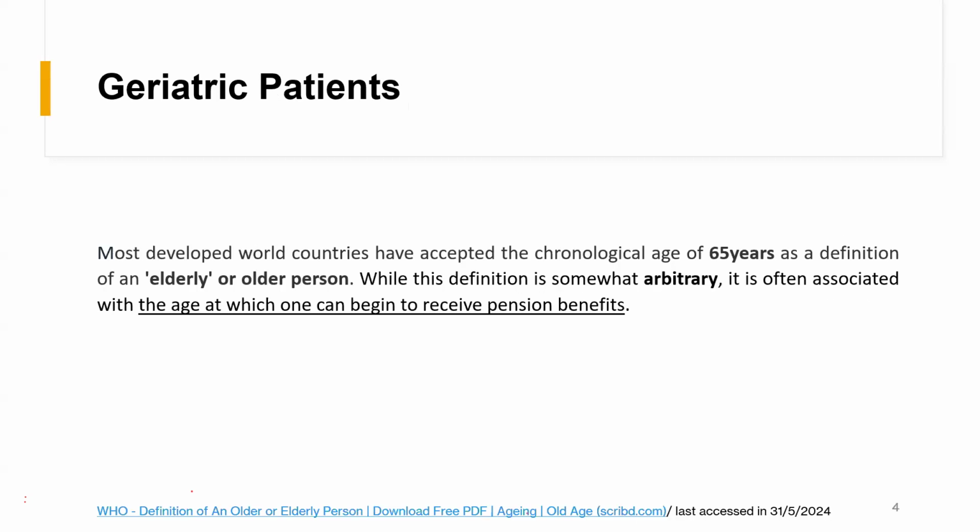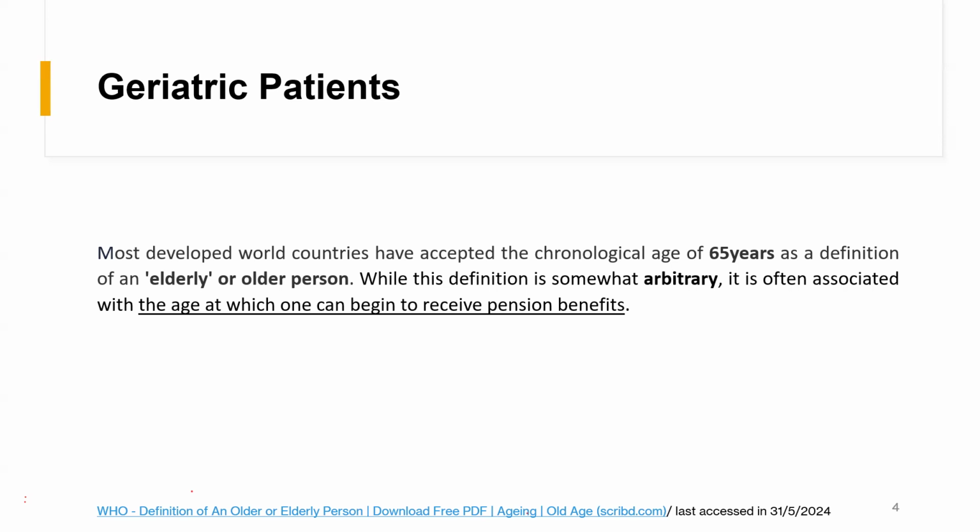Now, who are the geriatric patients or the older patients? There is no generally accepted definition for old age or old adults. However, according to the World Health Organization, most developed countries have accepted the chronological age of 65 years as the threshold for categorizing an individual as an older adult.